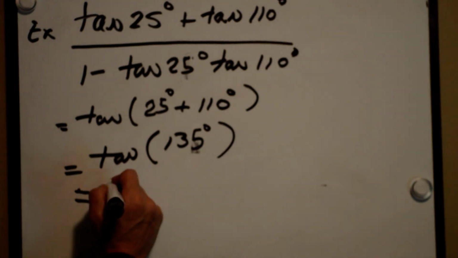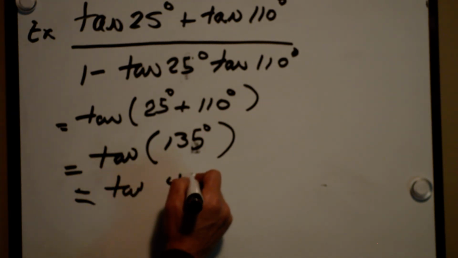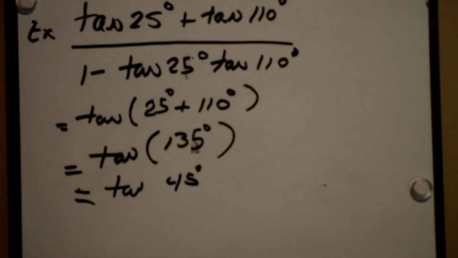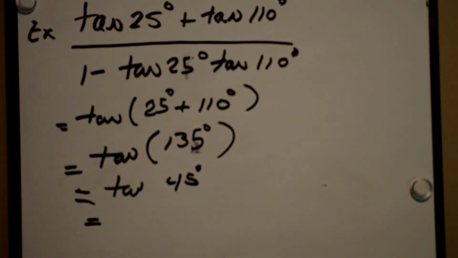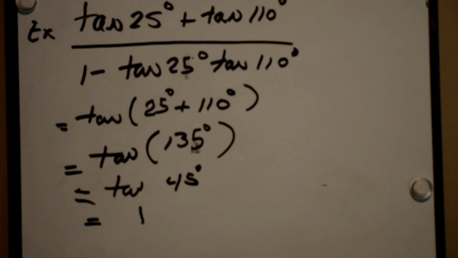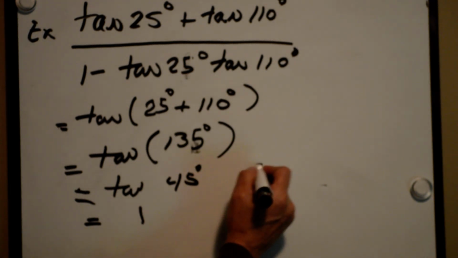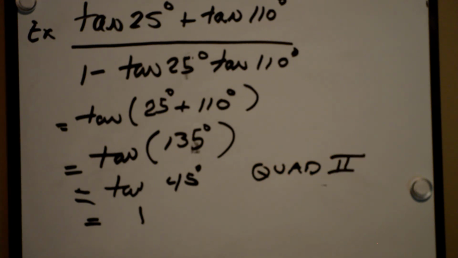When you do that, you're going to get the tangent of 45 degrees. I showed you the other day the chart: pi over 3 is radical 3, pi over 6 is radical 3 over 3, and pi over 4 tangent is always going to be 1. But this one, as we said, is in quadrant 2. In quadrant 2, sine is positive, everything else is negative, so that is a negative 1.